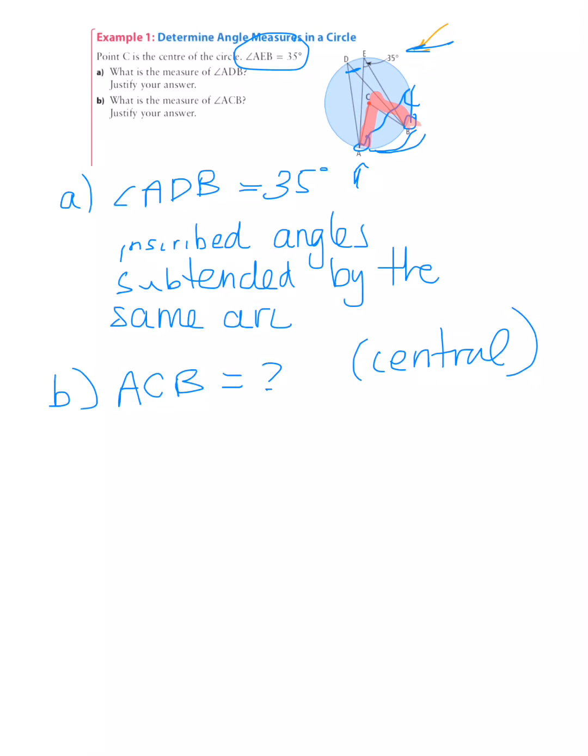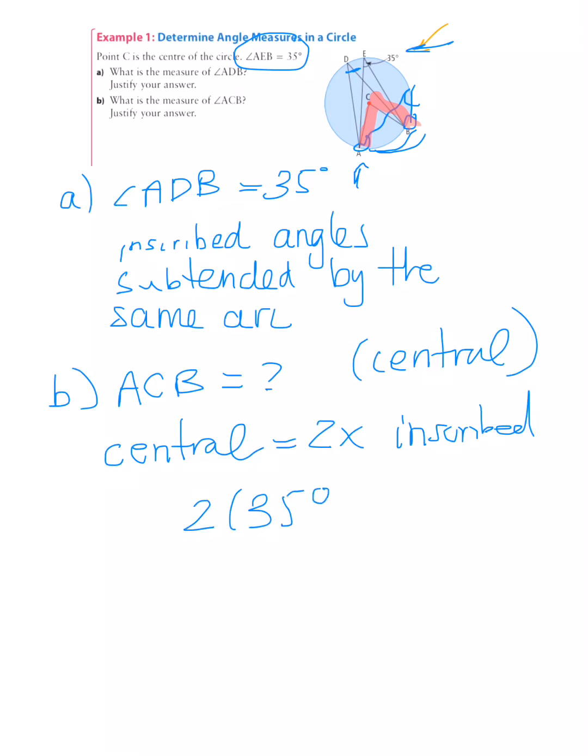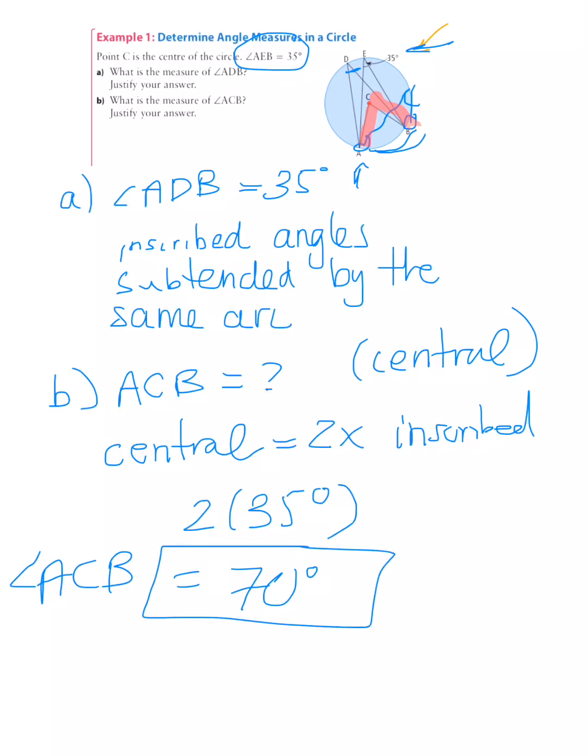So the rule was the central angle equals 2 times the inscribed. So what was the inscribed again? 35. So it's going to be 2 times 35 degrees, and that gives us 70 degrees. So ACB, the angle, equals 70 degrees. Okay.